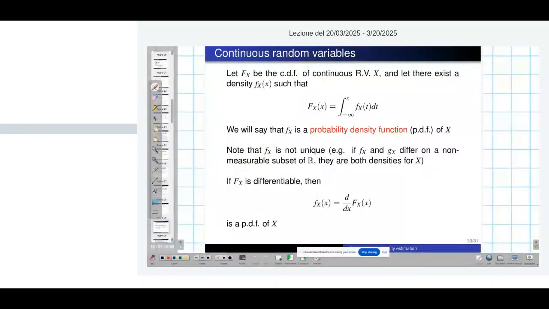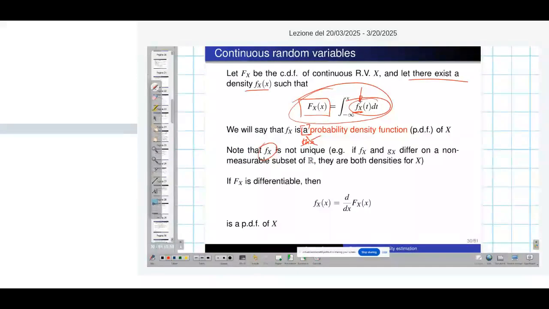Now, any function that is a density and such that the cumulative distribution corresponds to the integral of the density function is called a density for our random variable. So if we have a random variable and its cumulative distribution function, if we can find a density function f for which this equality holds, then we will say that f, the small f, is a density for the random variable X. And we say a density rather than the density, because densities are non-unique.